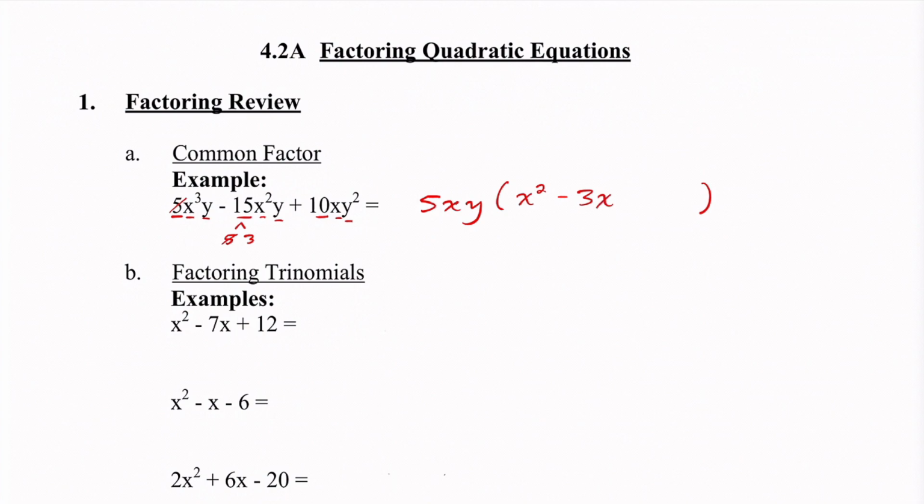And then the y, we pulled out a y, so there's no more y's. Then the last one, 10, that's just 5 times 2. We pull out the 5, so we just have a 2 left. We also pulled out this x, and for the y, we pulled one of them out, so there's 1 left over. So that would be your answer for the first one.